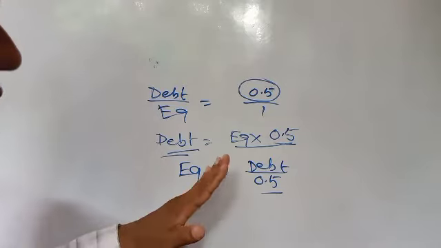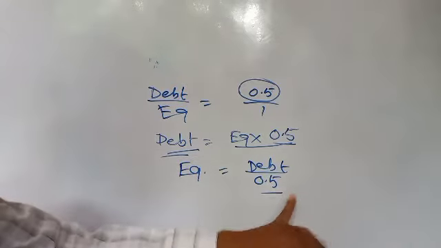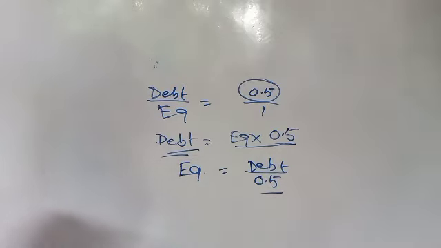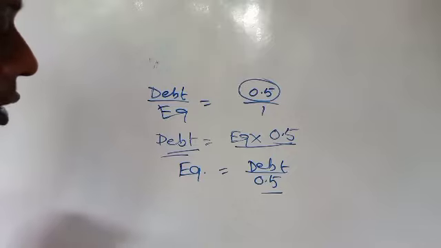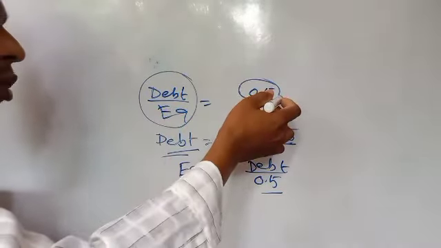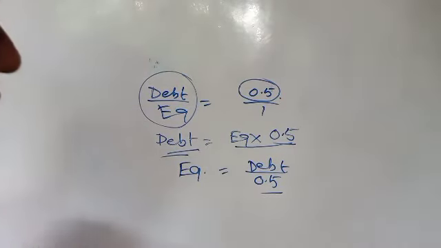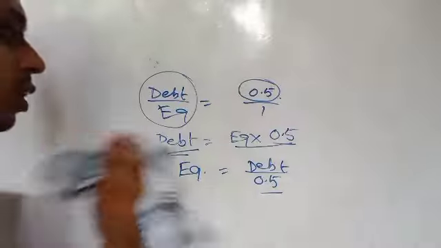But based on this information also, we can find out the total equity. So if debt is given and debt equity ratio is given, easily we can find the other term. So in case of a ratio of 2 terms, if the ratio is given and one term is given, the other term easily you can find. So these are the formulas, shortcut methods that you have to use for calculating the figures.